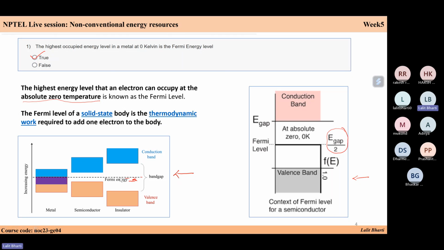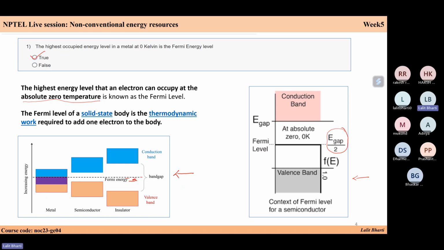That is called the Fermi energy level, because at room temperature, as we know, the electrons will get thermal energy and go to the higher energy levels. So what is the energy level at 0 Kelvin? That is called the Fermi energy level.